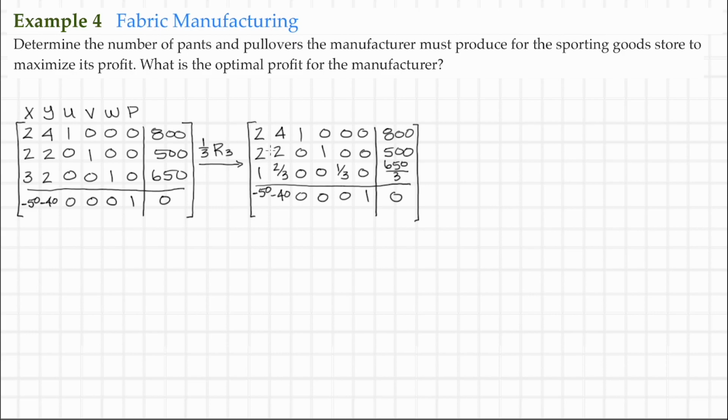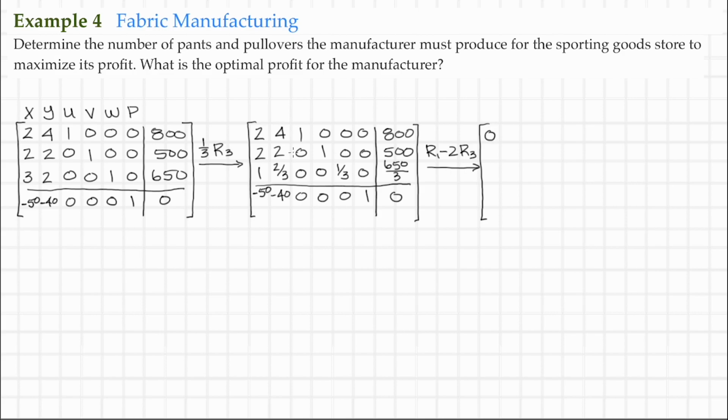So now we could target any of these other values within the column here. How about if we start right here? So we'll take row 1 minus 2 times row 3. Put in the bracket. 1 times 2 is 2. 2 minus 2 is 0.